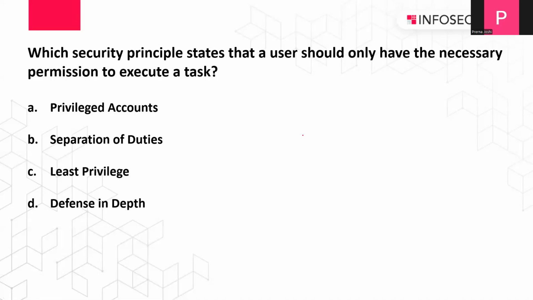Then we have separation of duties. Separation of duties in this principle assures that critical tasks are divided among multiple individuals. Multiple people are doing the same task, and it helps in preventing fraud or error. So no single individual has complete control over all aspects of the task, right?